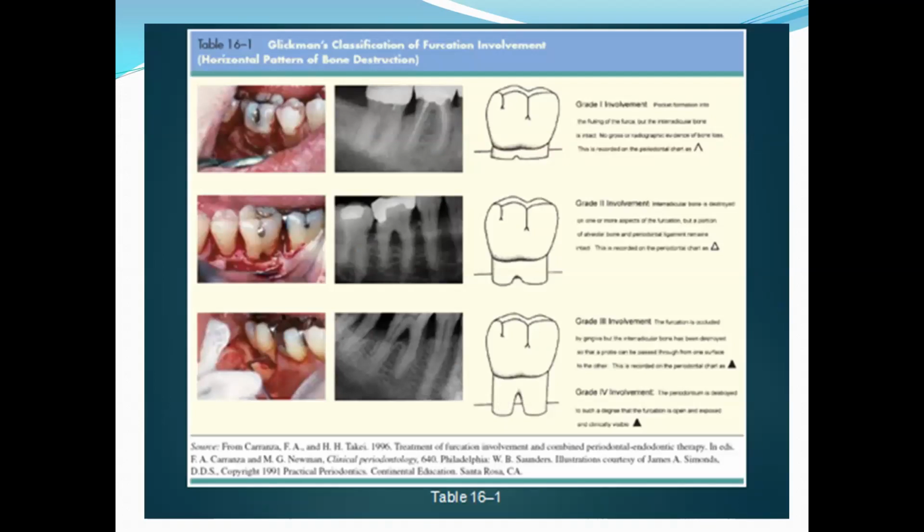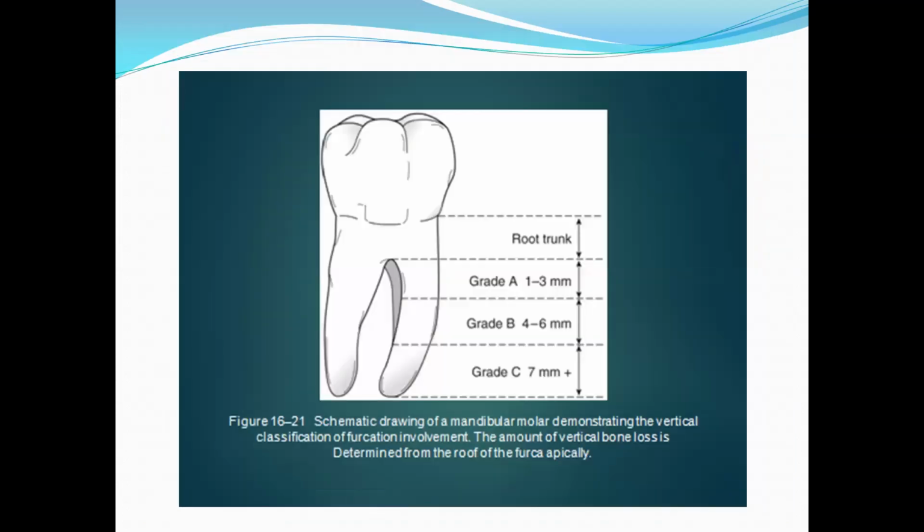And we use the Glickman classification of 1, 2, 3, and then 4. So again, the horizontal bone loss is going into the crotch or the roof of the tooth. That's with your Nabers probe. How far does it go?